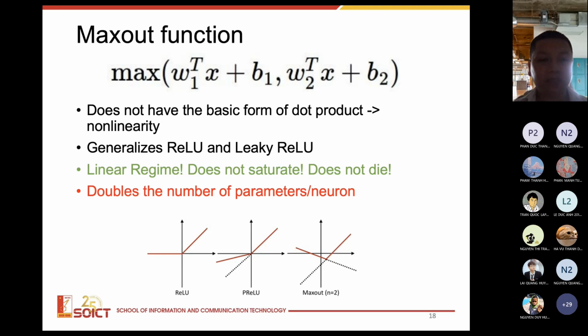And this function does not have the basic form of dot product, right? It does not saturate, does not die. But you have double the number of parameters per neuron.